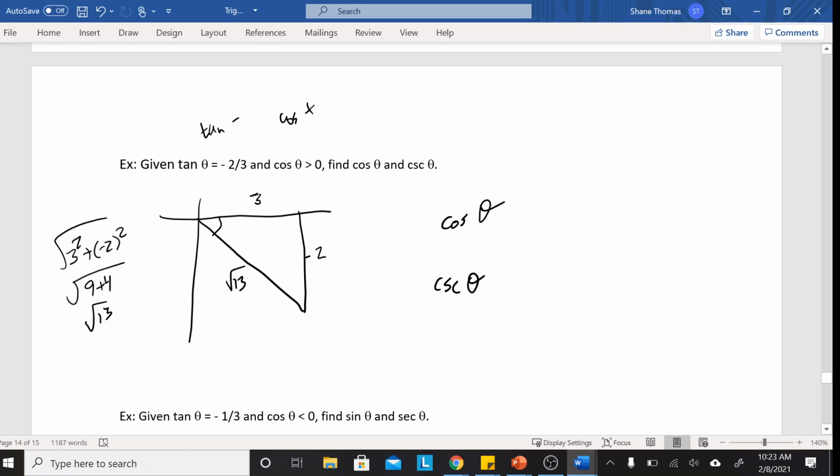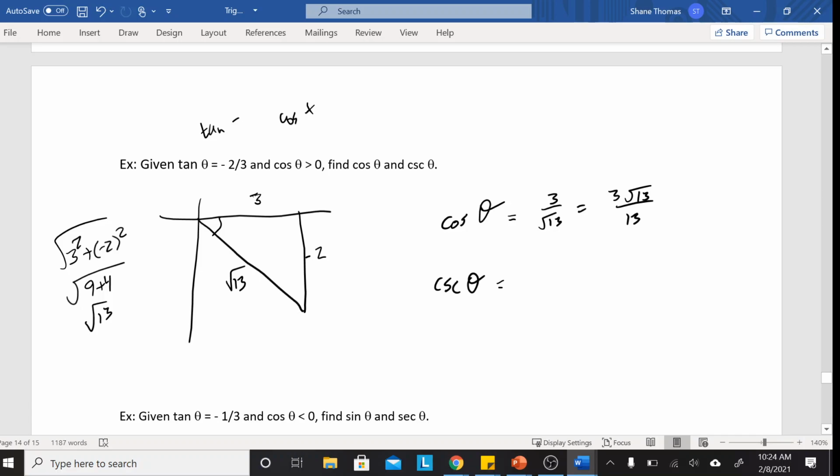Cosine is adjacent over hypotenuse, or x over r. Adjacent is 3, hypotenuse is root 13. That's going to make it 3 root 13 over 13 after I simplify. So I'm good there. And then also cosecant.